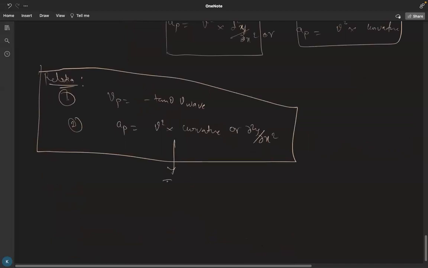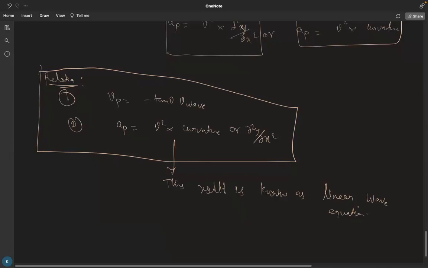This result is known as the linear wave equation, right? So the last one, AP is equal to v square into curvature, is also known as the linear wave equation. I hope it will be clear to all of you.